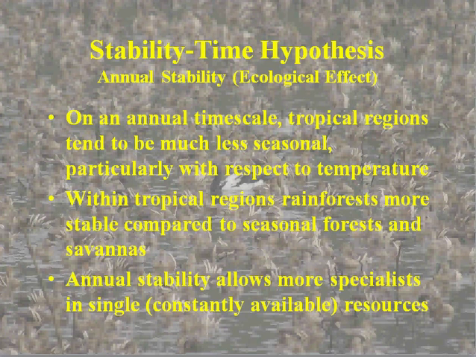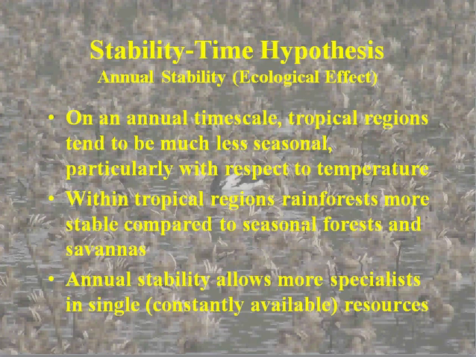In a seasonal forest, you would tend to get fewer species because species have to cope with the dryness of the dry season. And same with savannas. So annual stability allows more specialists in a single constantly available resource. So you would tend to get more niches.